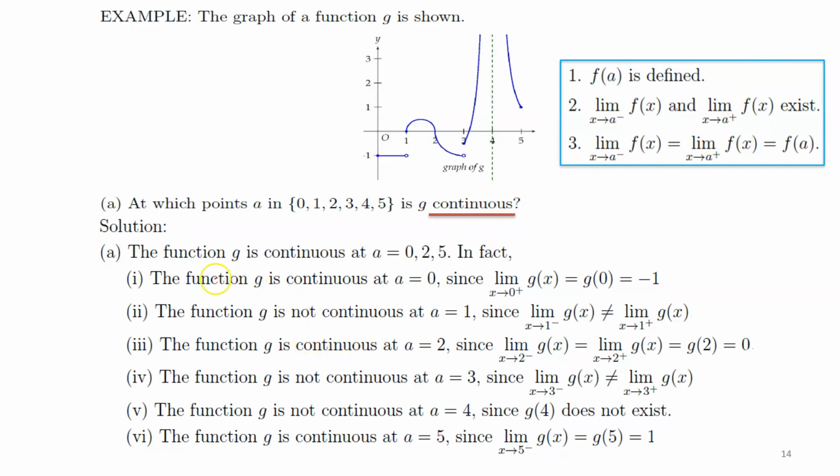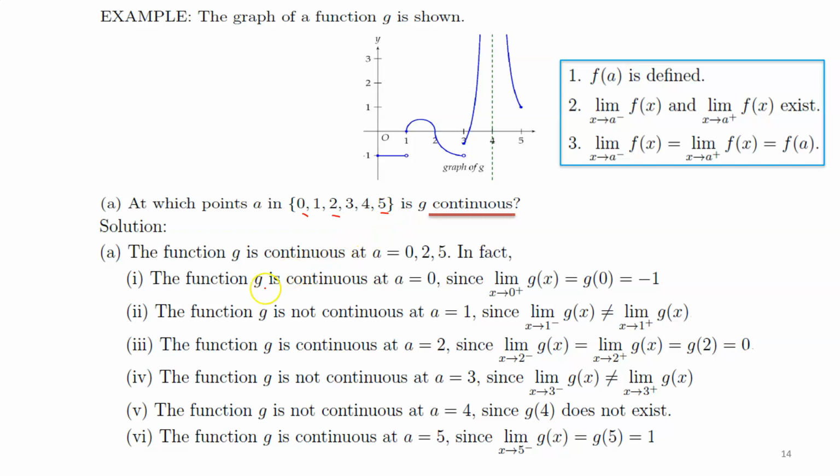Okay, the first one, the function g is continuous at a equal to 0, 2, and 5. Dia bersambung dekat 0, 2, and 5. Why is it so? Kita tengok kenapa dia kata dia bersambung dekat daripada all these points, dia cuma bersambung dekat 0, 2, and 5 saja.